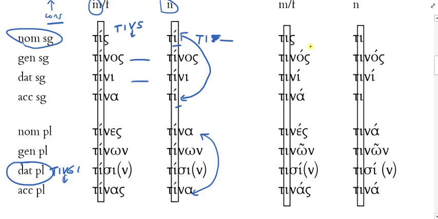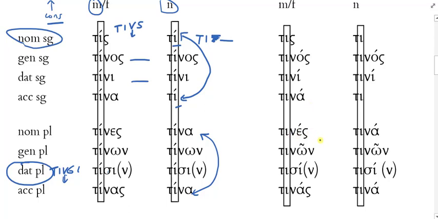Okay? So now let's just talk about translating these because we don't really need to read all the forms together. How would you translate this tis that's unaccented on the iota? Let's use the any translation. Anyone, tinos, of anyone, tini, to anyone, tina, anyone. I'd kill anyone, right?